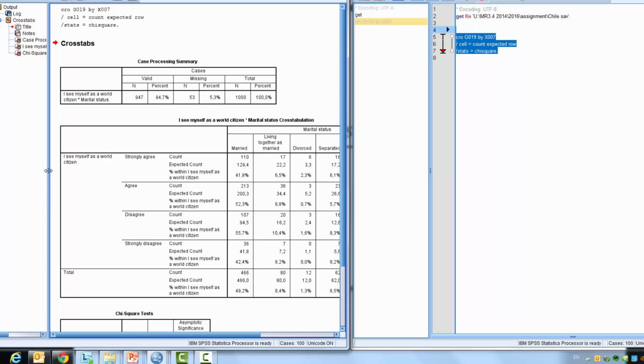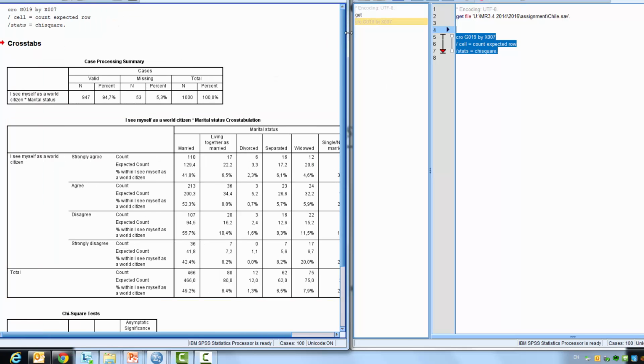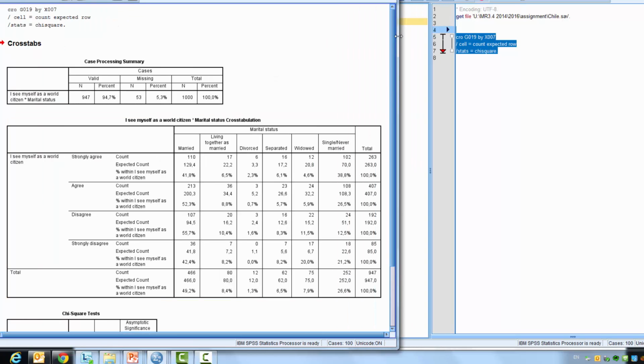One thing that I have not discussed with you, but similarly to the t-test and the correlation, you also test a null hypothesis. The null hypothesis in this case is that there is no relationship, similarly to the correlation. If there would be no relationship, you would see that these expected frequencies are very close to the observed frequencies.